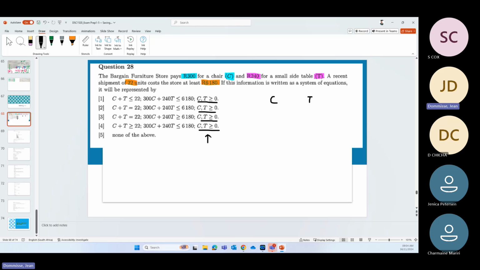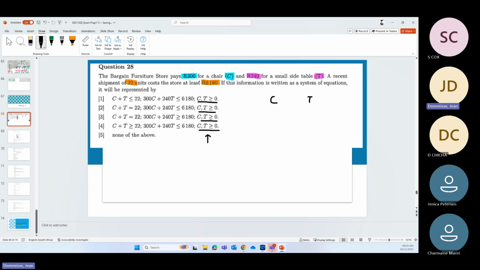Normally not. That is normally a standard one that they add, but who knows? There might be one that in the exam one can cancel out, but all of them are correct because you can create 0 chairs, 0 tables, or more.